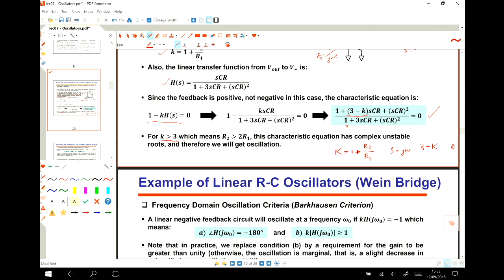So less than 0. Because if this is less than 0, then we can say that this has a root in the unstable region.